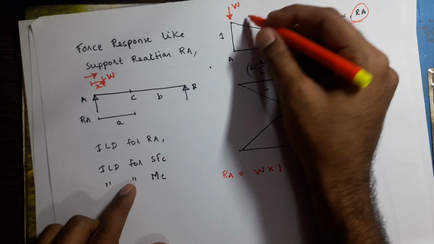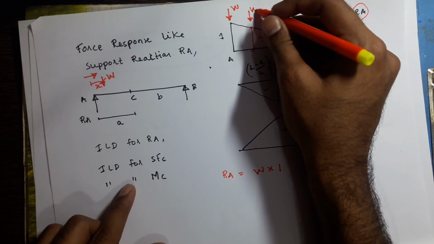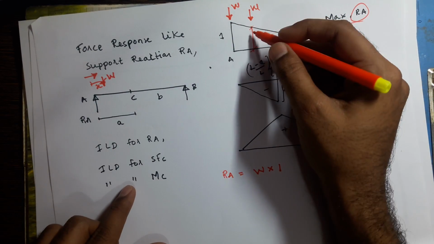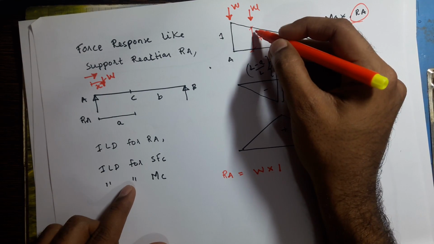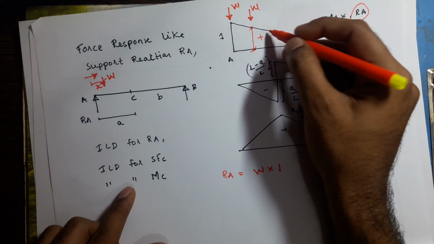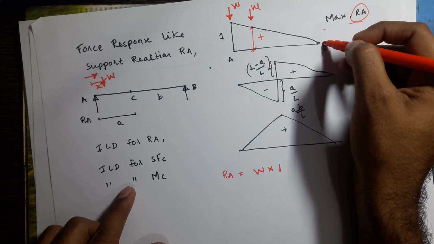If you place the load here, for example the load is moving, this ordinate will be less than 1. Here you may get 0.8, 0.7, 0.6, 0.5, 0.